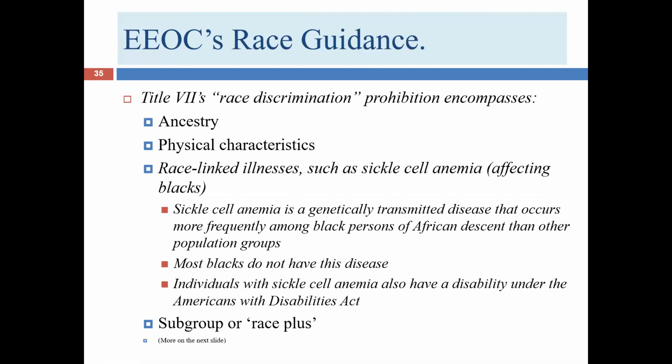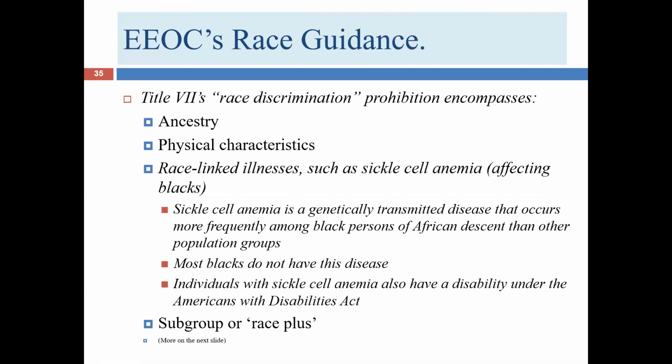Those places are obviously in Africa, and so people whose ancestors are from Africa are more likely to have sickle cell. As I said before, though, the vast majority of African Americans don't have sickle cell, and you can have sickle cell and not be an African American. But it is something that is fairly closely connected to that racial identification.